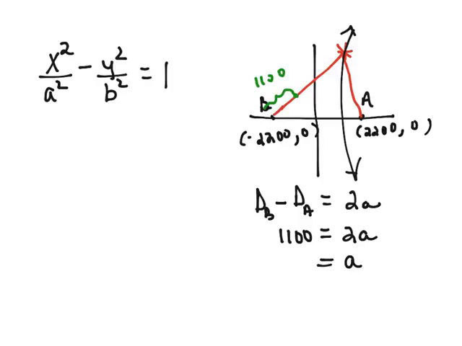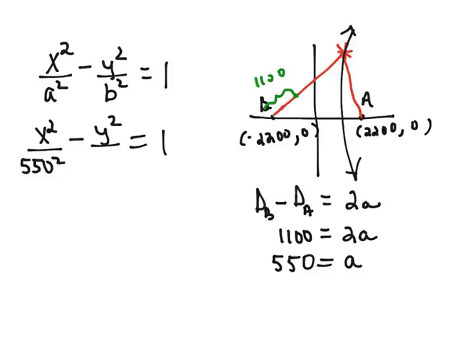And that means that a is going to equal 550 feet. So if we go back and substitute that in our equation, we're going to have x squared over 550 squared minus y squared over whatever b squared is equals 1.